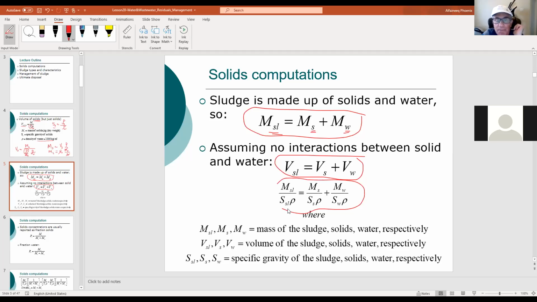You can use this formula as well. No question about it. Always remember, sludge is solids in the sludge plus the water. You want it in mass, here in mass. You want it in volume, here in volume. You want it with the specific gravity, here it is with the specific gravity. As I said, it's a buffet. You choose the formula that you need.